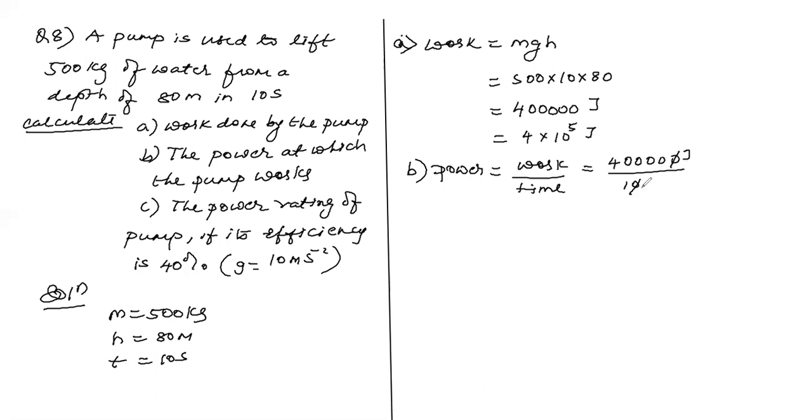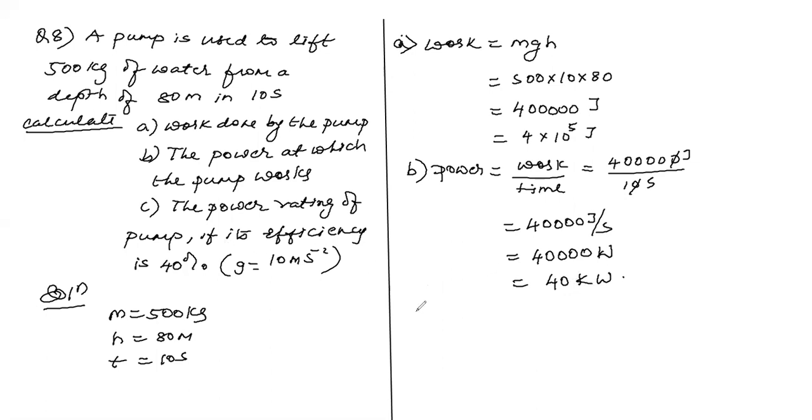So 10 10 cancel. So it becomes 40,000 watt, 40,000 joule per second, which is nothing but 40,000 watts, capital W, equal to 40 kilowatt. The power at which the pump works is 40 kilowatt.